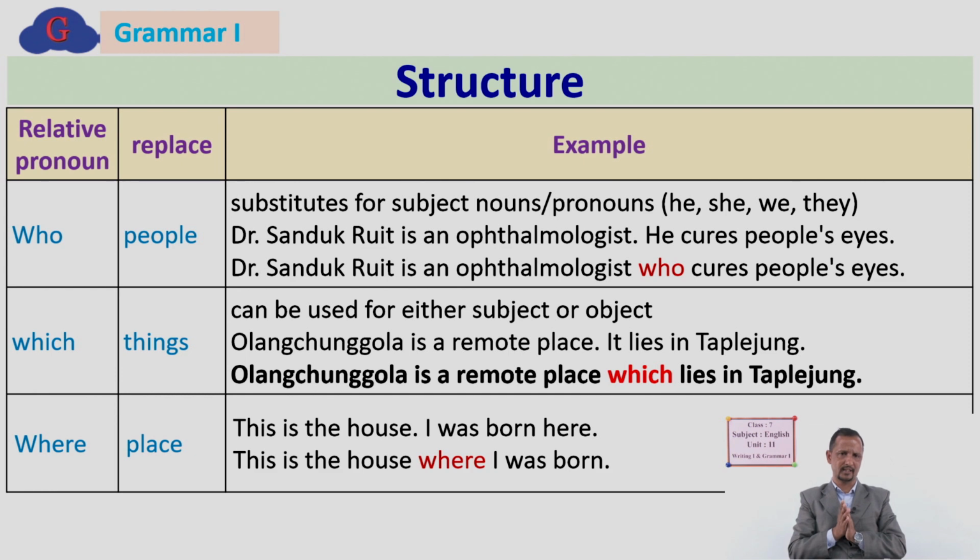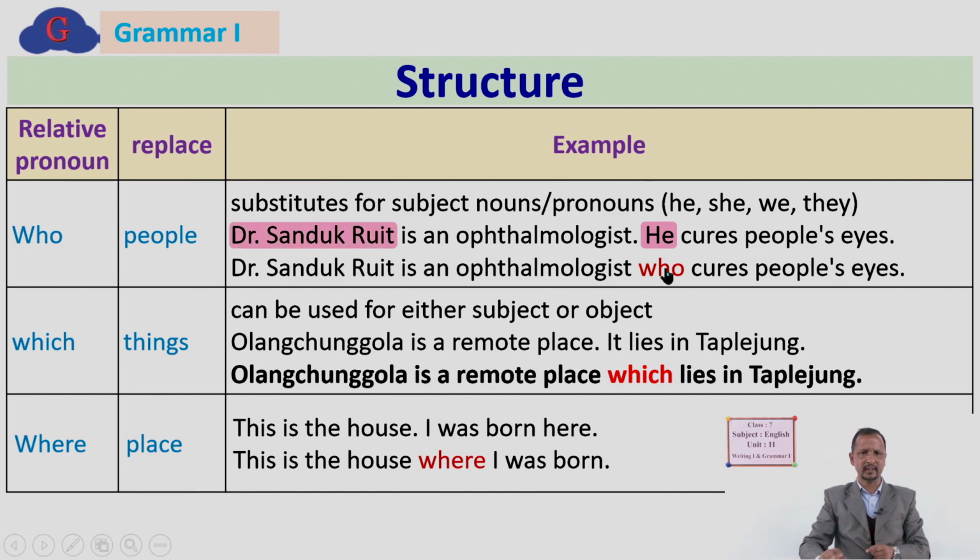Now, dear students, what is the relation there? See here. He. Who? He is replaced with who, and this he is related with what? Sanothimi. Isn't it?